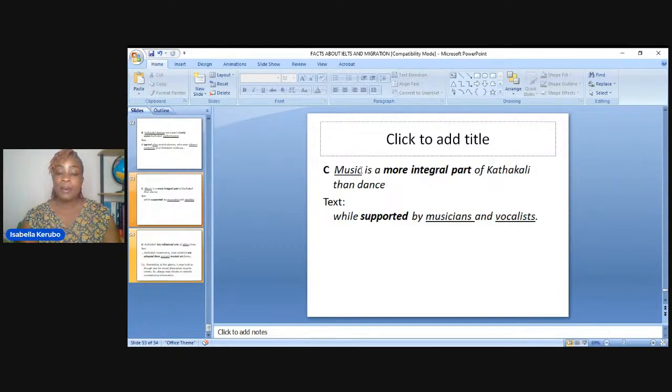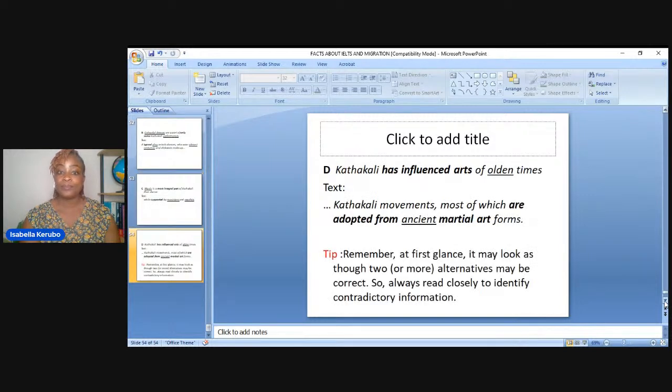So number C, because of this picking out of only music as the more integral part, there is nothing. All of them play the same role, they blend, they come and blend, they form part of the fun. All right. So again, elimination method. Option number C, we put an X to it. It will not be any of the answers. So that is wrong.